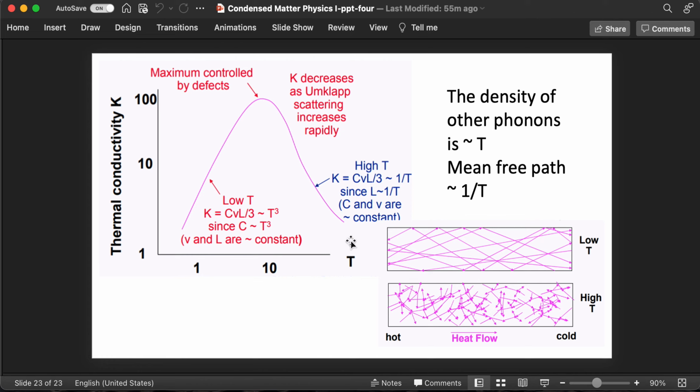At high temperatures, it goes as 1 by T, because the density of phonons goes as T, and the higher the density of phonons, the more the scattering, so the mean free path goes as 1 by T. So the essential point is you need this Umklapp scattering as a source of inelastic scattering to produce thermal resistance or to limit the thermal conductivity in a solid.